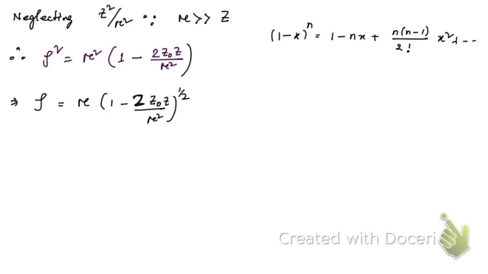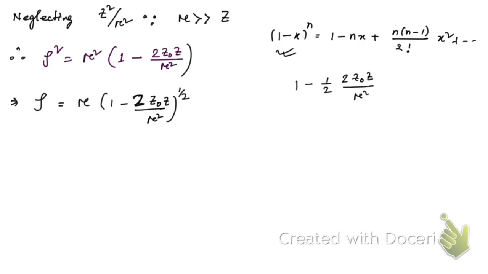So if we apply this formula here, what we're going to get is 1 minus half into, instead of x, consider this part as x, and n is taken as half. Then we're going to have half into x, which here is 2 z naught z by r square.